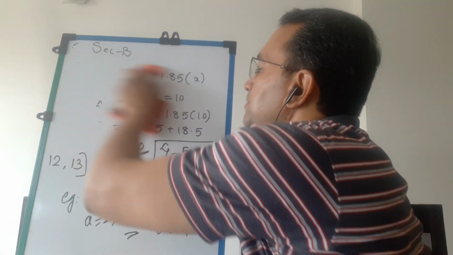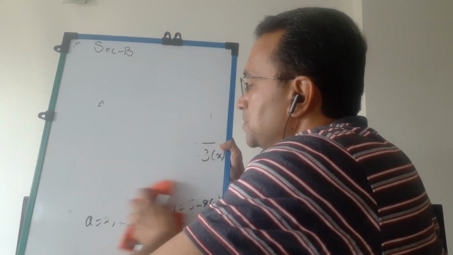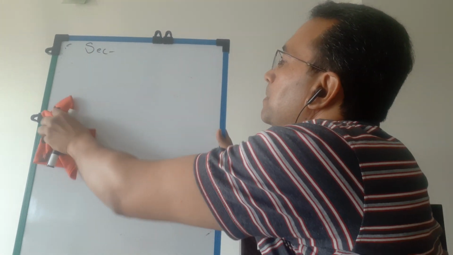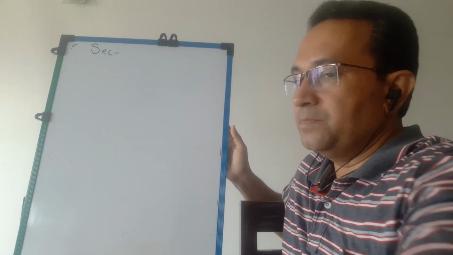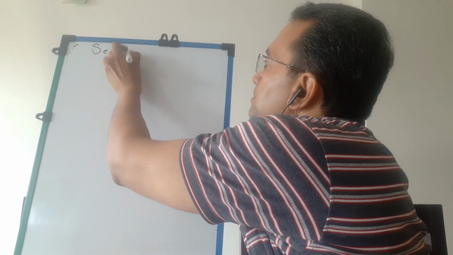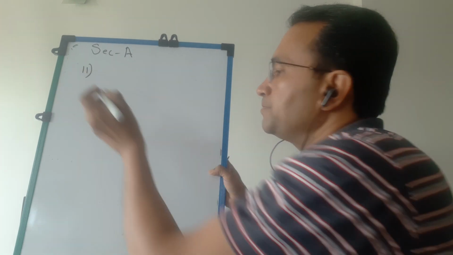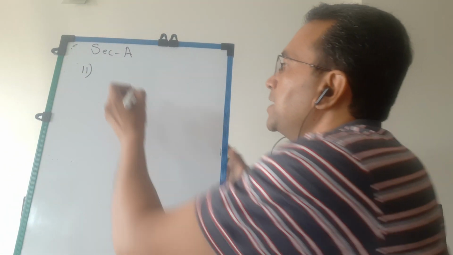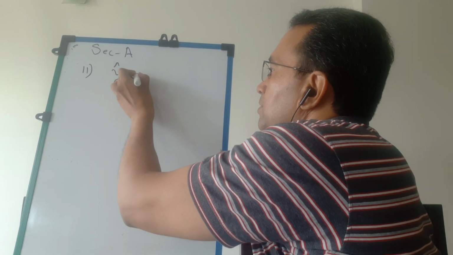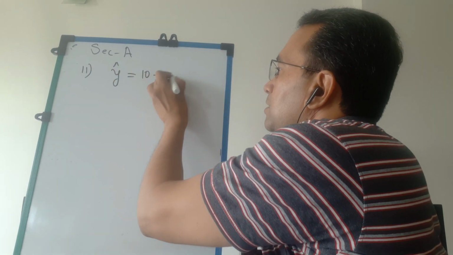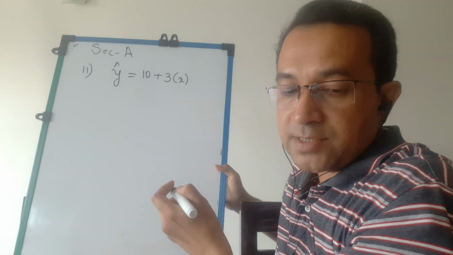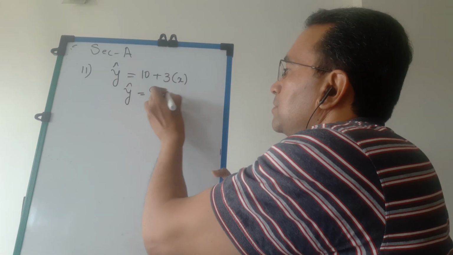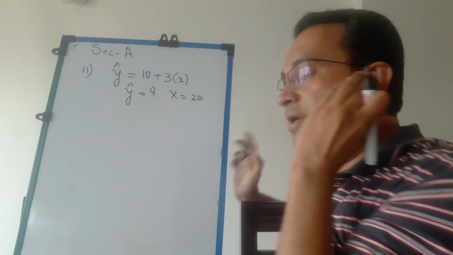Section A. If the regression line of y on x is y cap is equal to 10 plus 3x, estimate y for x is equal to 20. Now this is already done, students.